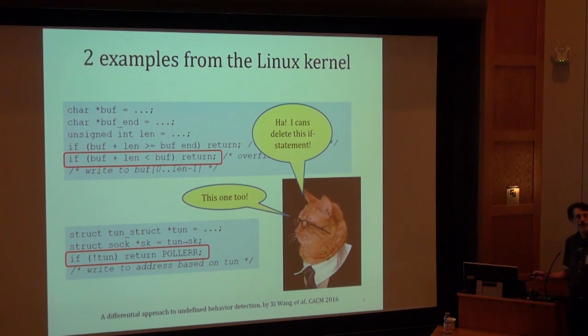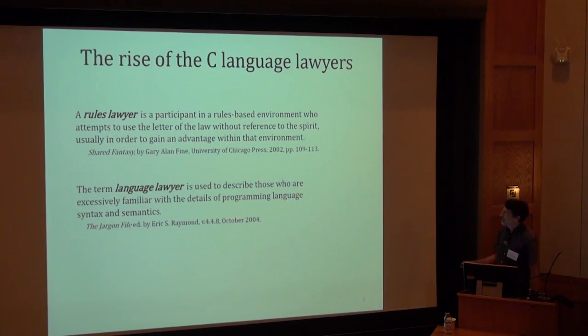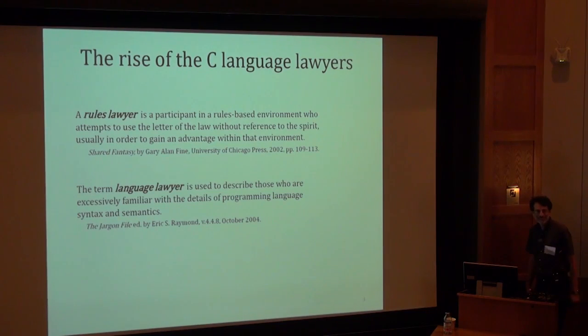The program is not supposed to do anything illegal. Therefore, buff plus len can't possibly be less than buff. And since that can't happen, I can delete this line. So the compiler started deleting this line. And the Linux people said to the GCC people, you can't do that. And the GCC people said, yes, we can. The C11 standard says so.